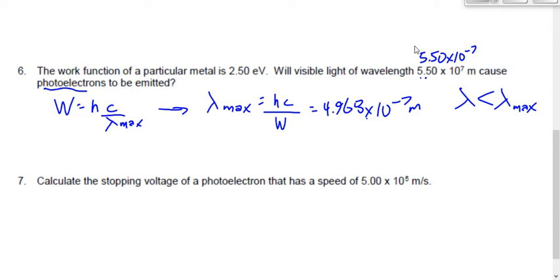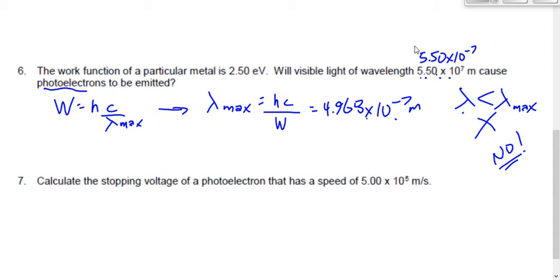It's not. The wavelength of the light is bigger than the threshold wavelength, and it needs to be smaller. That means no, electrons will not be ejected because our wavelength is too big.